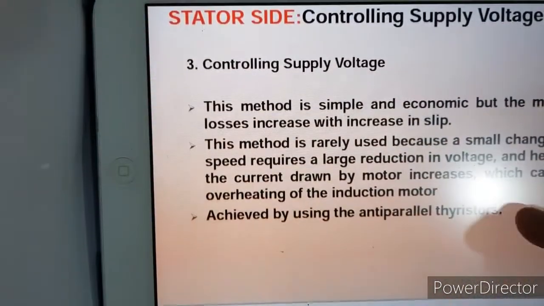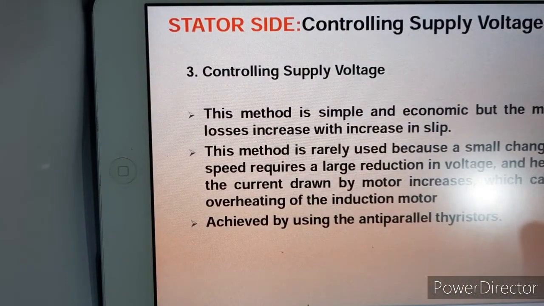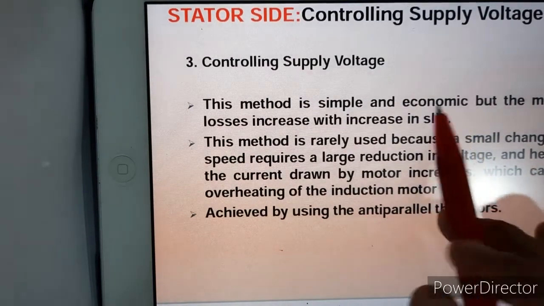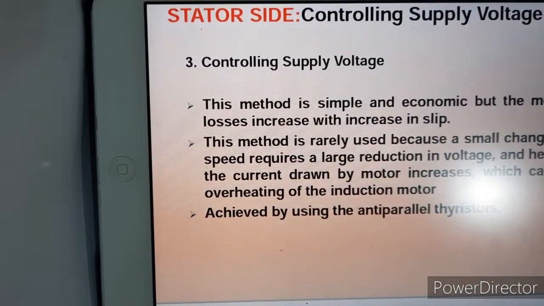So the next method is by controlling the supply voltage. This method is simple and economic, but the motor losses increase with increase in slip. So remember, slip is the speed difference between the synchronous speed and the rotor speed.